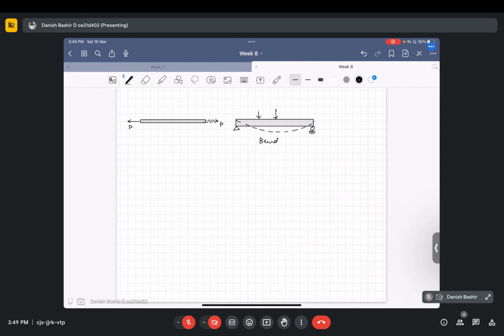So it is axial deformation, and we have the bar element here. We had 1 degree of freedom at each node for the bar, and 2 degrees of freedom at each node for the beam.